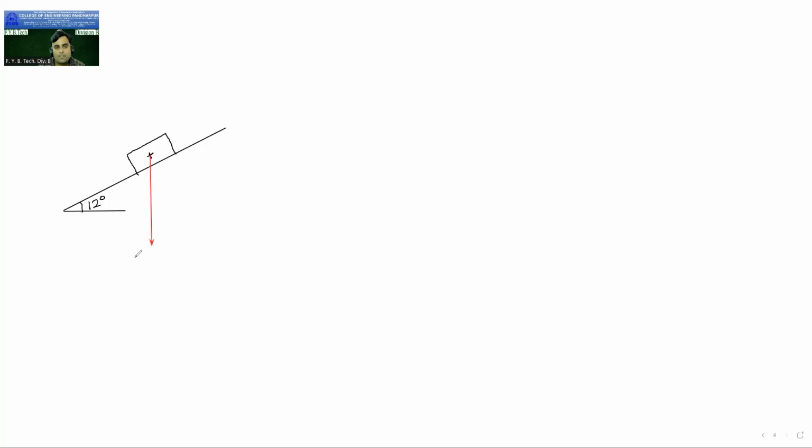This is 1200 Newton. This is the direction of the motion.